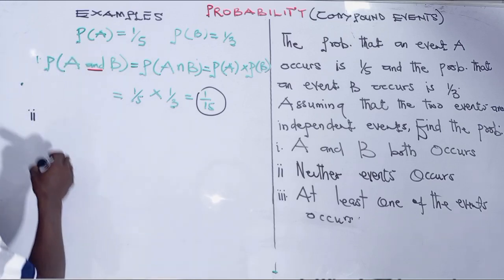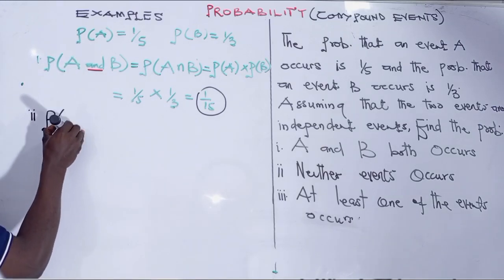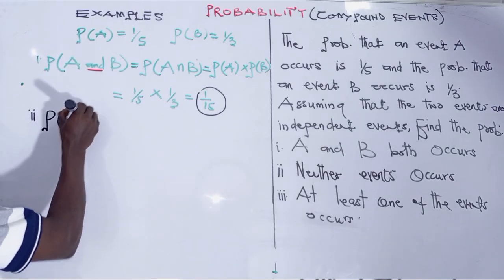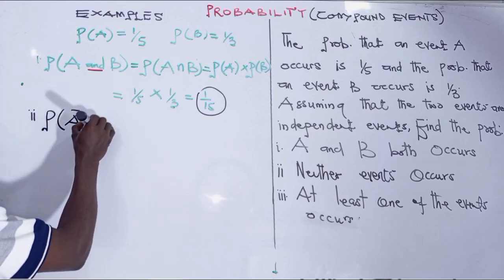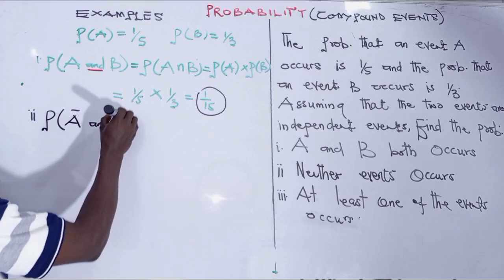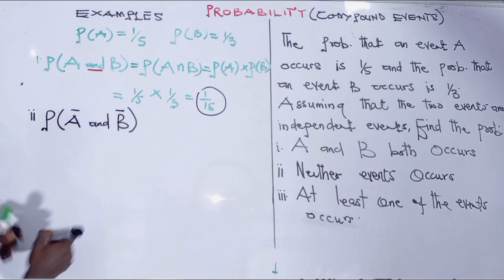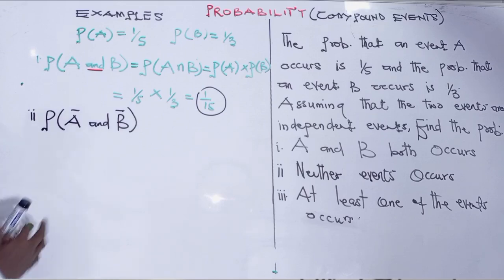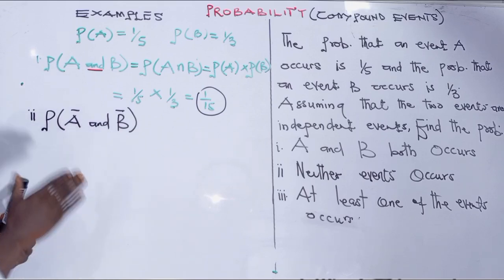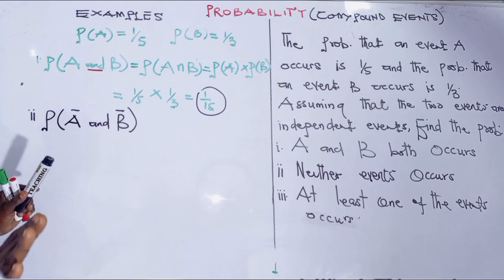So this is how we are going to write it. The probability that A doesn't occur and B also doesn't occur, and that is going to give us the probability that neither event occurs at all.